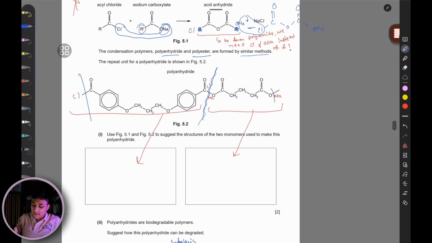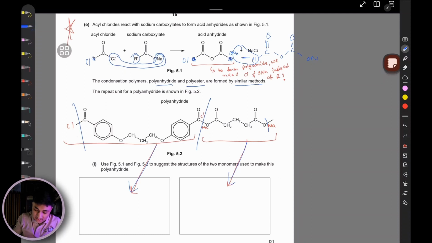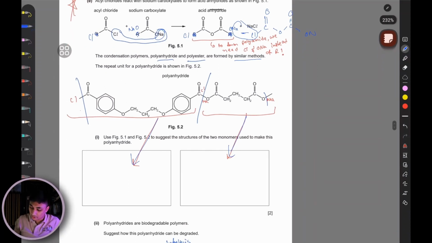So I need to break this down from over here such that it can create polymers similar to this. Instead of R, there will be Cl, and instead of R, there will be ONa, such that the repeat units can repeat, right?